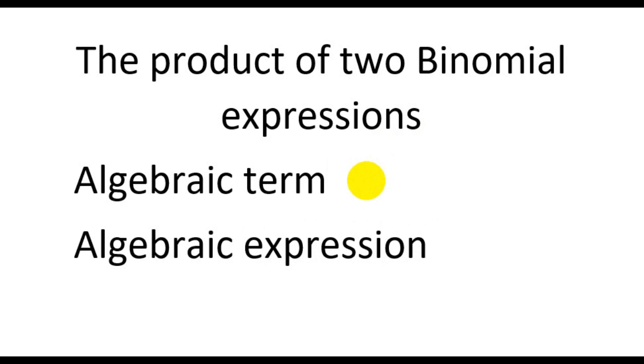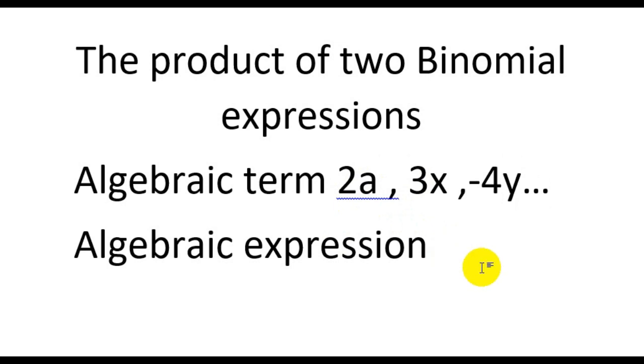An algebraic term you can simply write as, for example, 2a or 3x or minus 4y and so on, which means we connect a number and an unknown term. In simple terms, we use alphabetical letters.